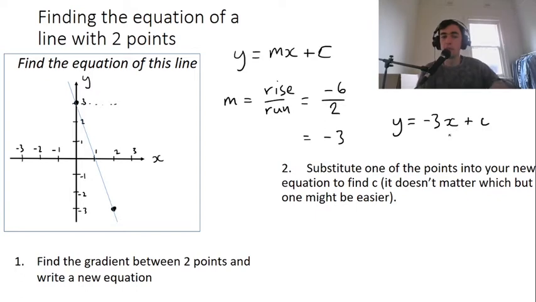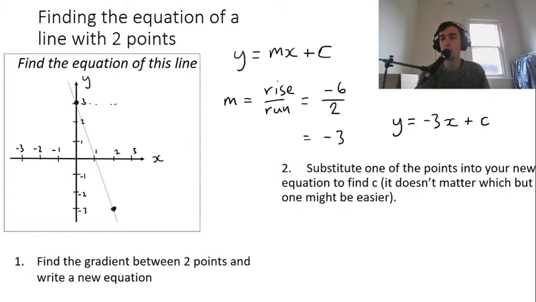Okay, now, the second step I think is a little bit trickier, but hopefully you will understand what's happening. It says substitute one of the points into your new equation to find c. Now, why is that going to work? Well, I want you to look at this equation and notice that there are 1, 2, 3 pronumerals. We don't want this c to be here. We want this to be a number.